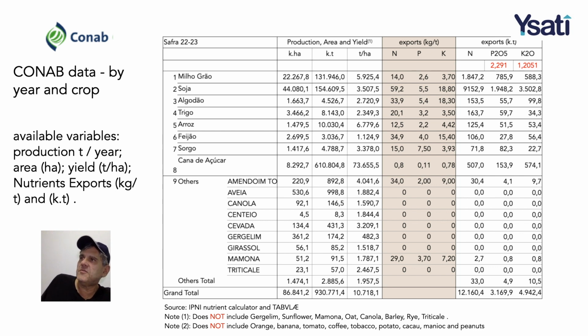And this estimate is, of course, very important, since it will point us to the amount of fertilizer that we need for this kind of crop in a specific year.